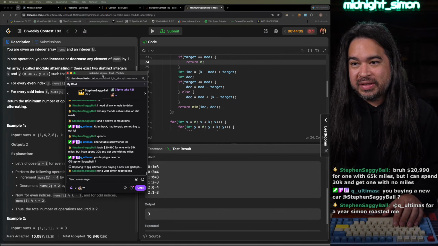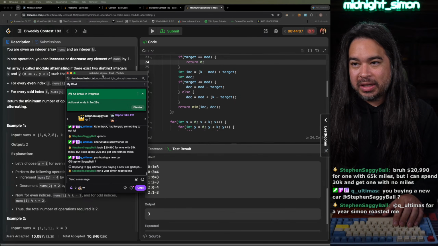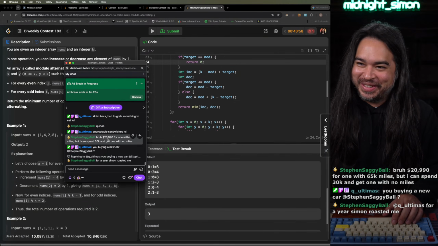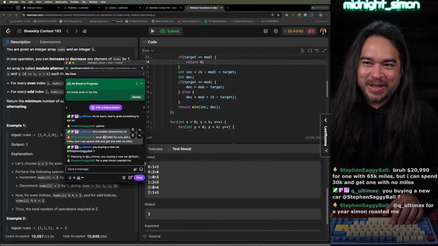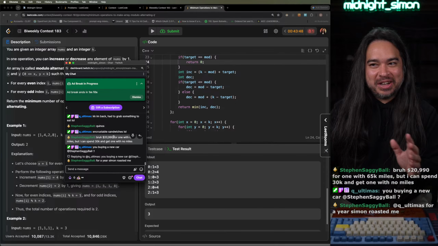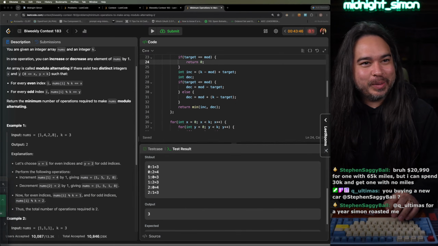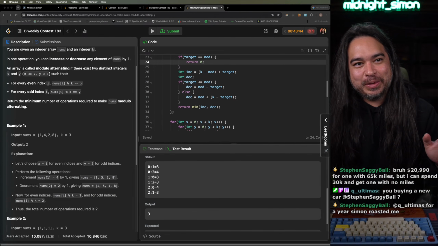$21,000 for one with 65,000 miles, but I can spend 30K and get one with no miles. Well, I mean, just because the one for 30,000 with no miles doesn't mean that the 21,000 with 65,000 miles is a great buy. You still gotta find a good buy as well. Not every used car is a good buy.